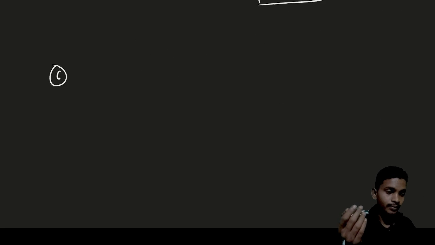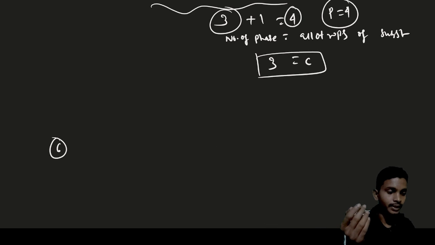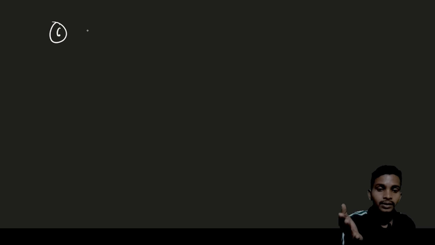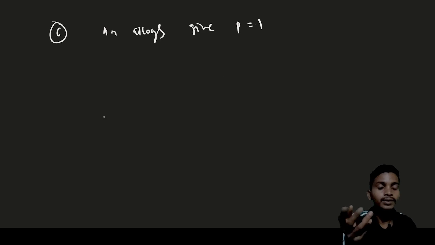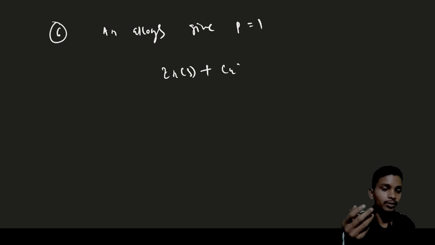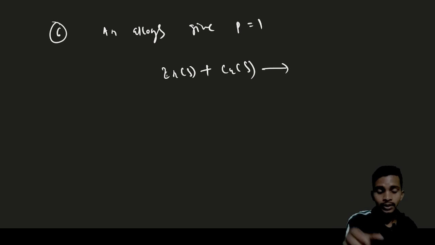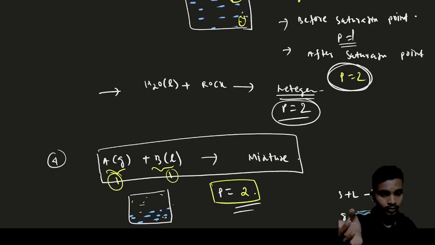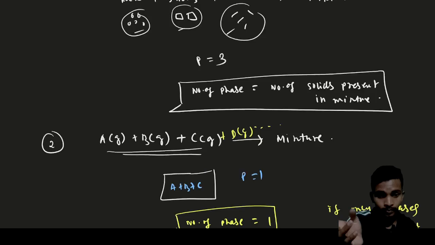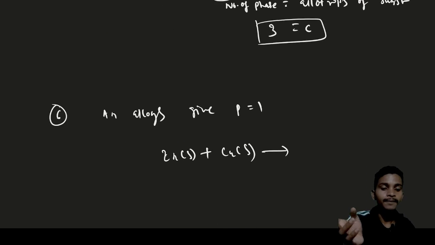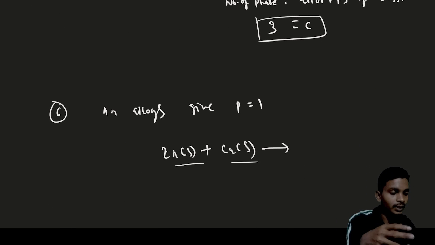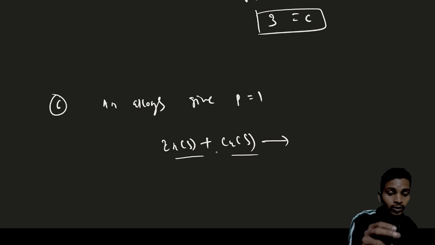This is the sixth case: any alloys give pH equal to 1. For example, Zn solid plus copper solid. We discussed in case 1 that if solids are present, then all solids give different pH.